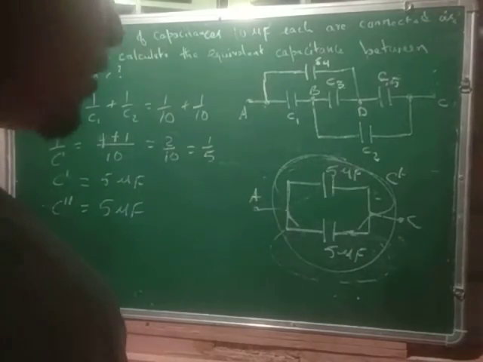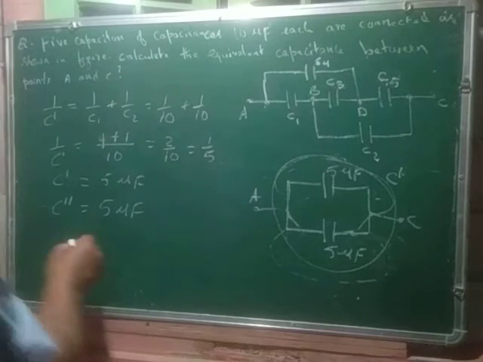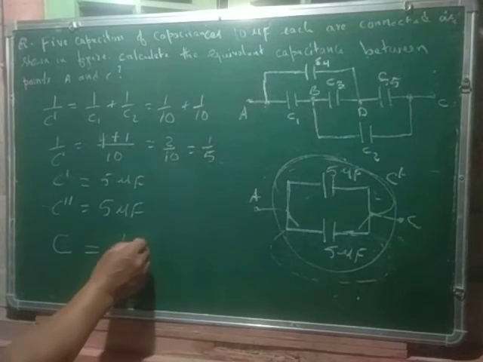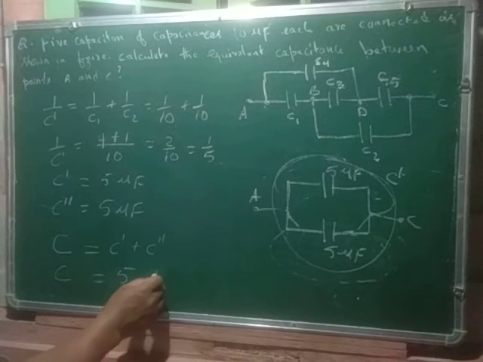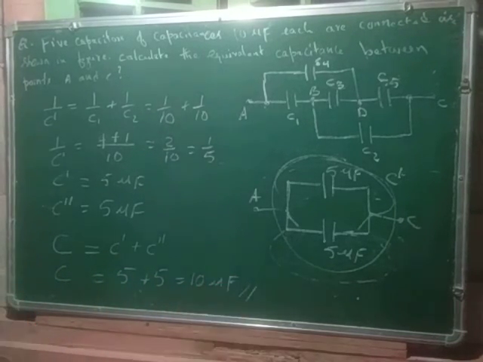The final capacitance C equals C dash plus C double dash, and C dash is 5, C double dash is also 5, so this equals 10 microfarad. This is the answer for this problem.